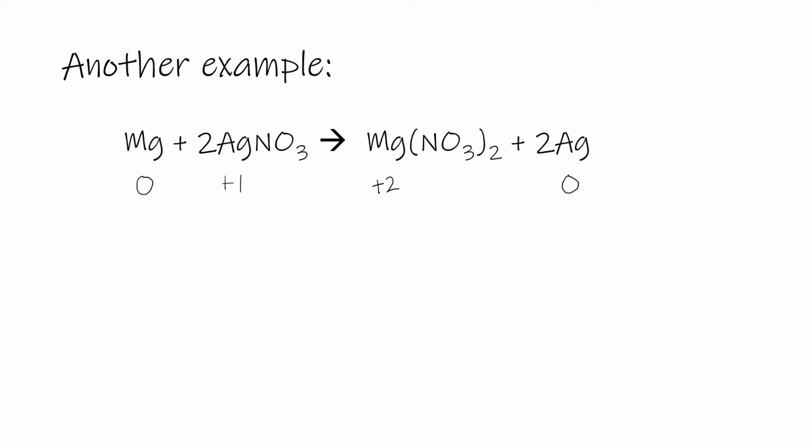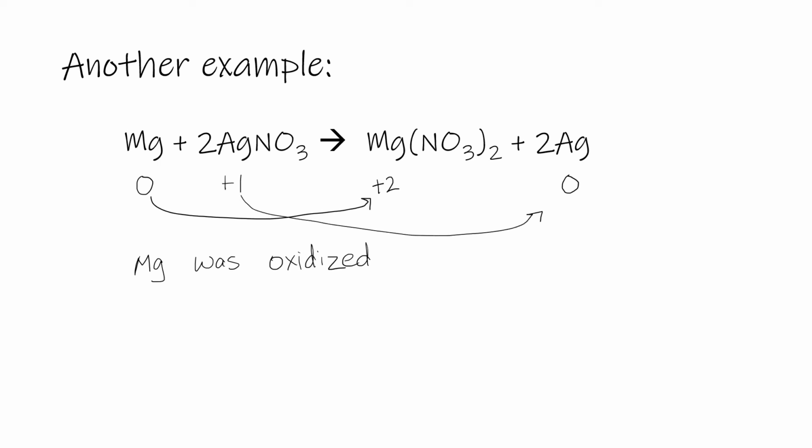So let's look at magnesium. What happens? It goes from a 0 to a +2. So its oxidation number increased, which means magnesium was oxidized. Okay, now the next one we're going to look at is silver. It went from a +1 to a 0, and so its oxidation number decreased.